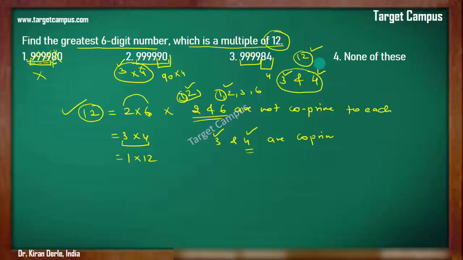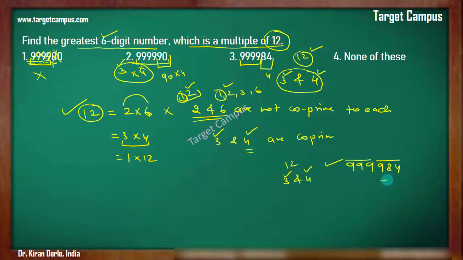But hold on guys, see, the number is like this. And what we asked was, find the greatest 6-digit number. So these are 6 digits only. This number is completely divisible by 12, as we have already seen, because it is divisible by 3 and 4 both. So this must be divisible by 12.